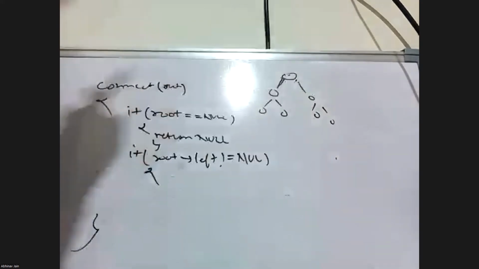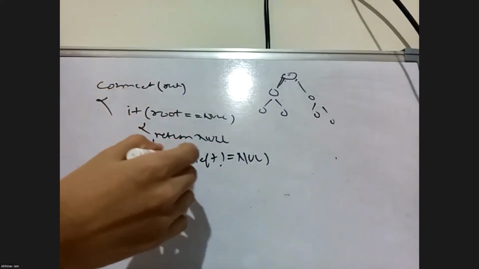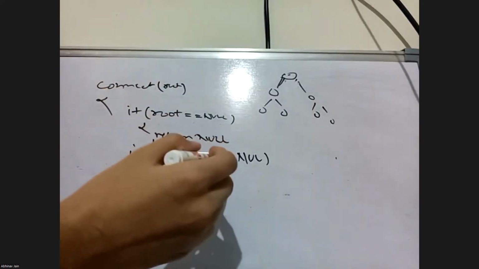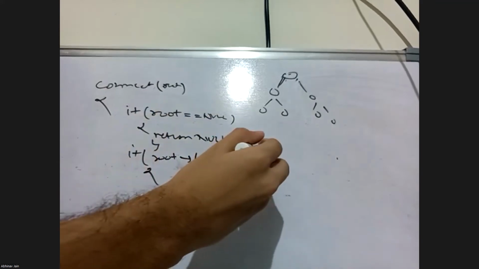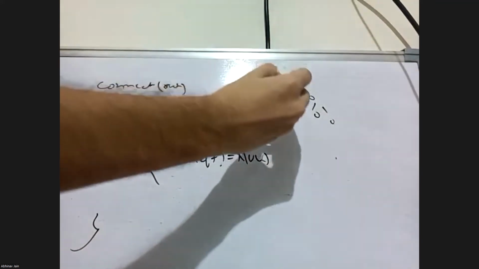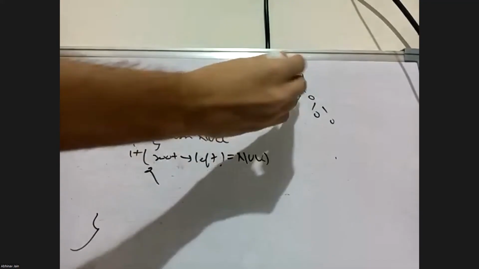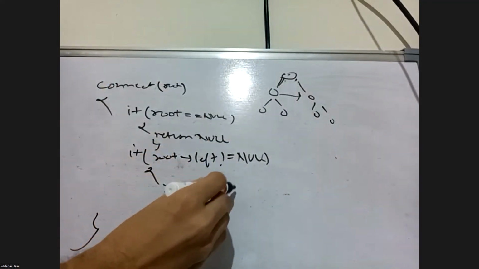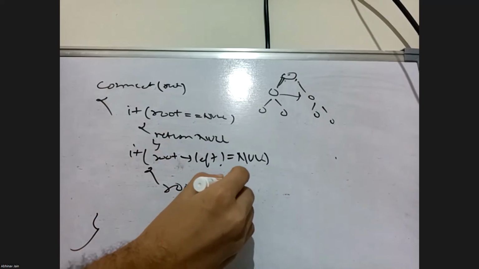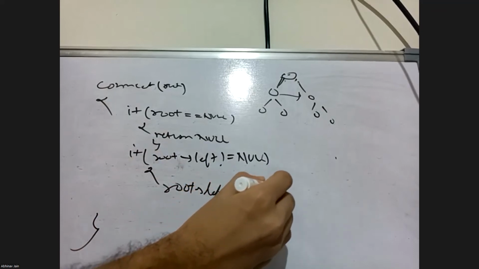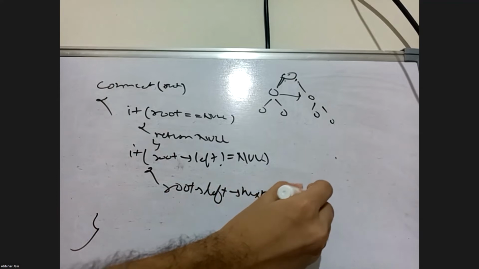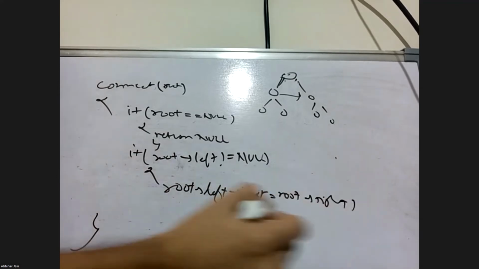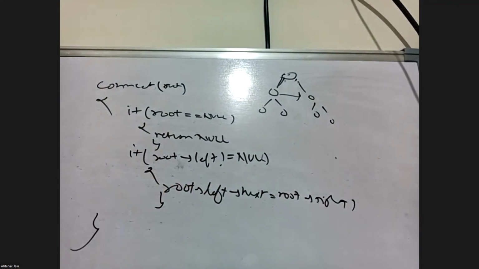So yeah, here we go. If root's left is not equal to null, what should we do? Its next should be what? Root's right. So root's left next should become right. Correct? But this is not where the conditions will end.